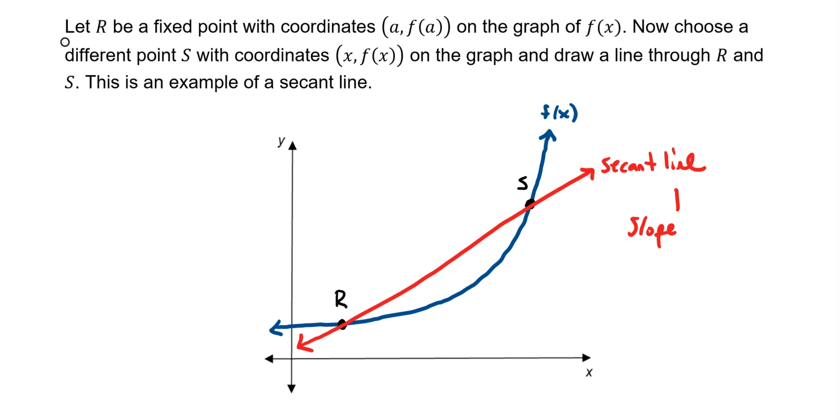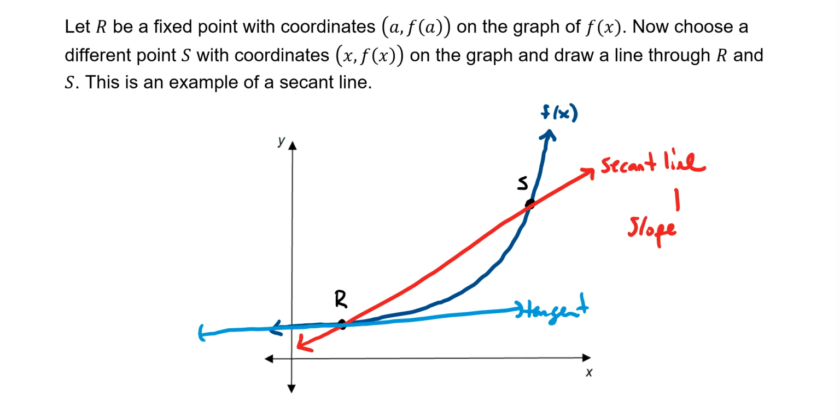We have 2 points now, point R and point S. Since we have 2 points, we can use the slope formula and figure out the slope of that secant line. The issue is that our tangent line right now does not look like that secant line. They definitely do not have the same slope. So the whole point of this is we want to use this secant line to approximate the slope of the tangent line.